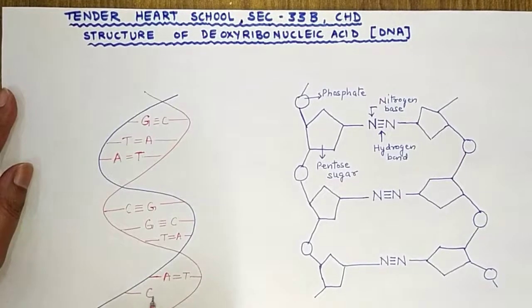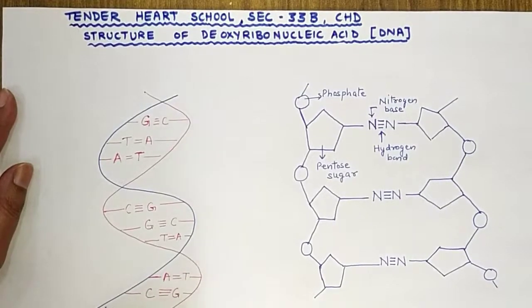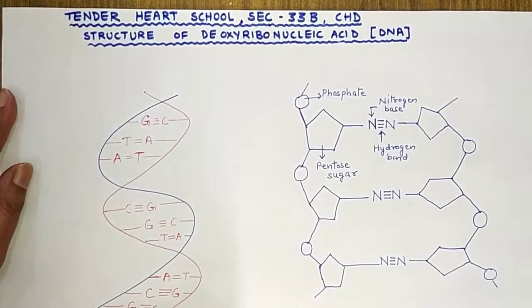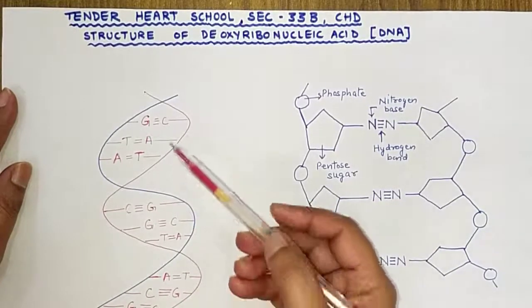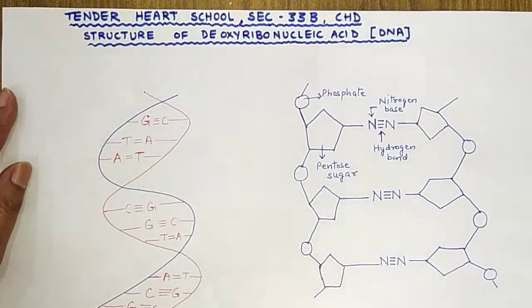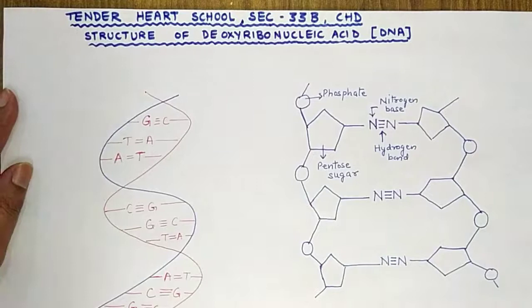If we have cytosine here, it will make pair with guanine. If we have guanine, it will make pair with cytosine. So on. So this is a double helix structure of DNA, and this is how the 4 nitrogen bases are present inside and joining the two strands of DNA.